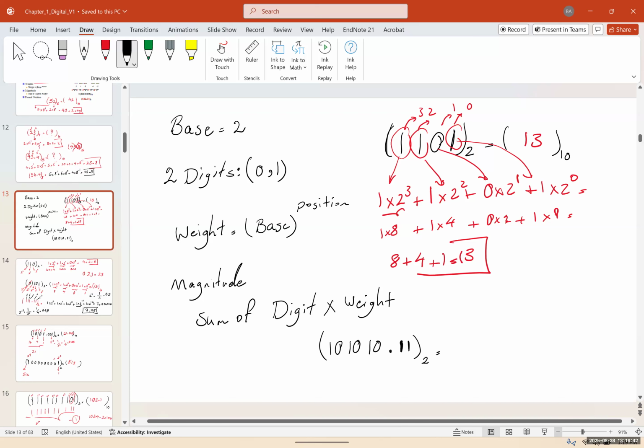So now I have this binary number in base 2, and I want to convert it to base 10. I'll give you a few minutes to solve this, then I will solve it. And again, the first person to solve it is going to get extra points on their first homework.